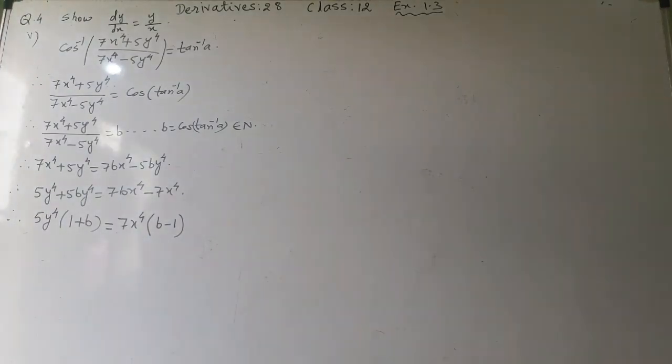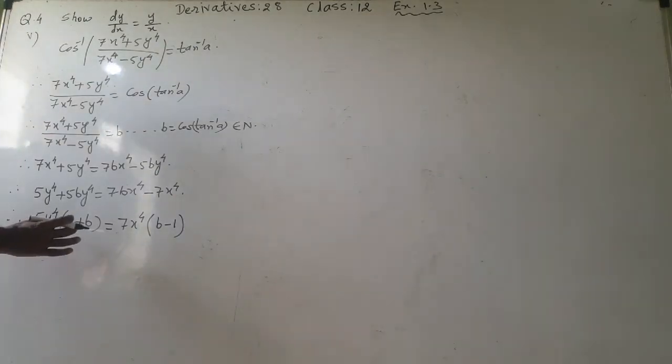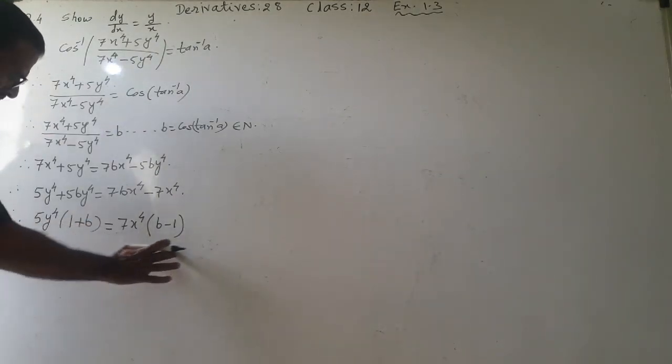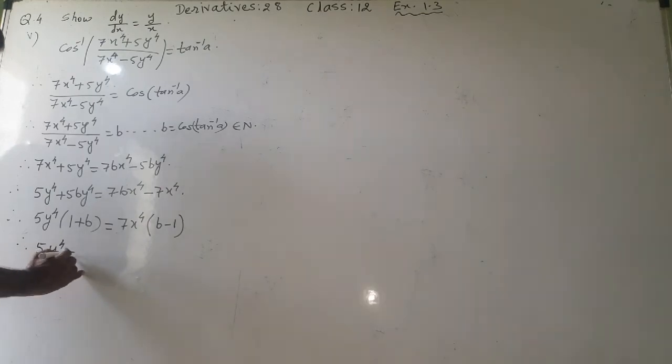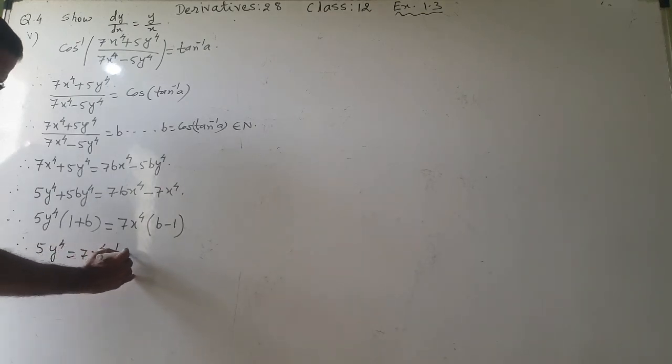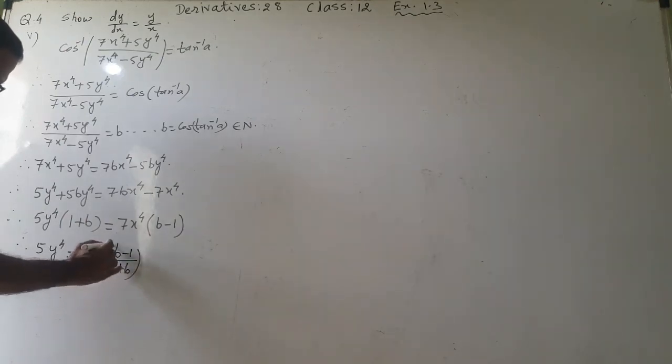So hope that you have understood up to this. Now I want this as a constant. Therefore what I will do is 5y raised to 4 is equal to 7x raised to 4 into b minus 1 upon 1 plus b. This I am writing.